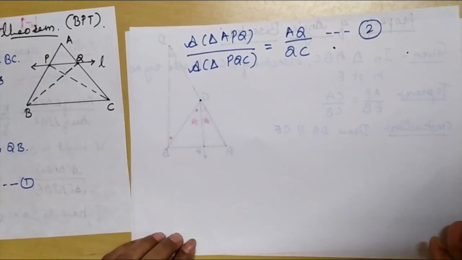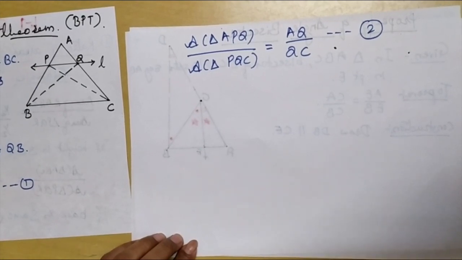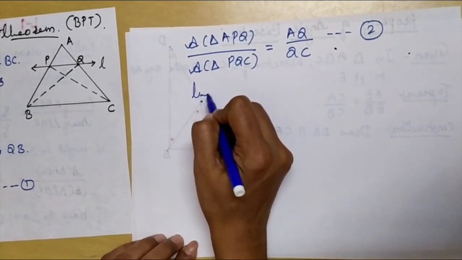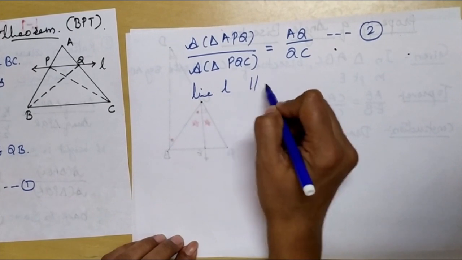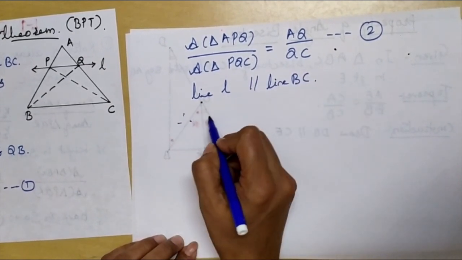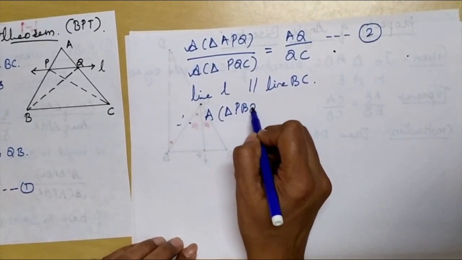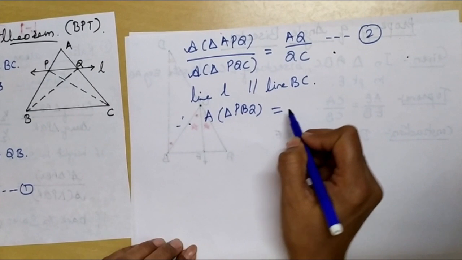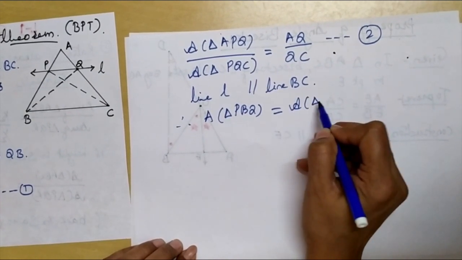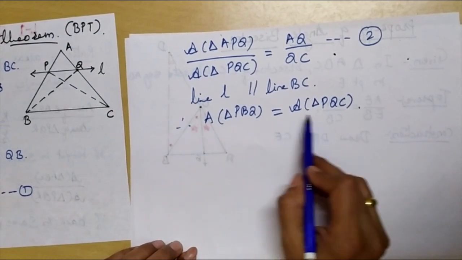Now let us consider the two triangles which are between the parallel lines. As line L is parallel to line BC, therefore the area of triangle PBQ will be equal to the area of triangle PQC. Now what is the reason for this?